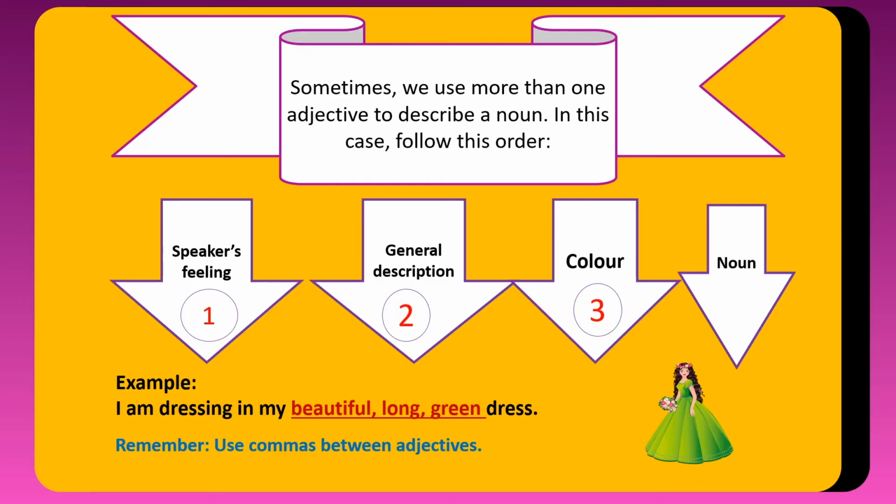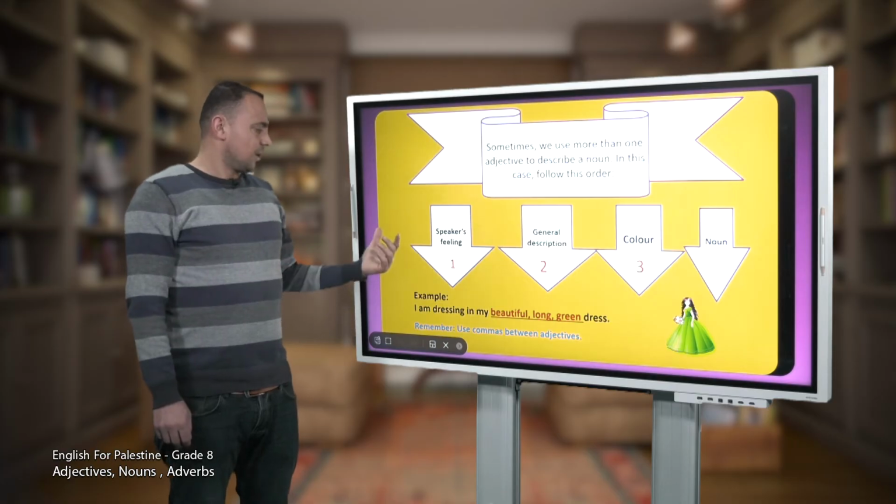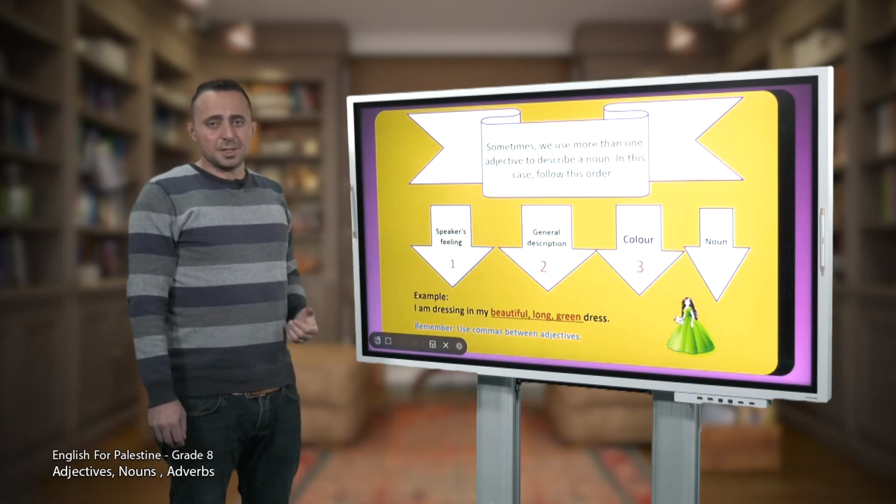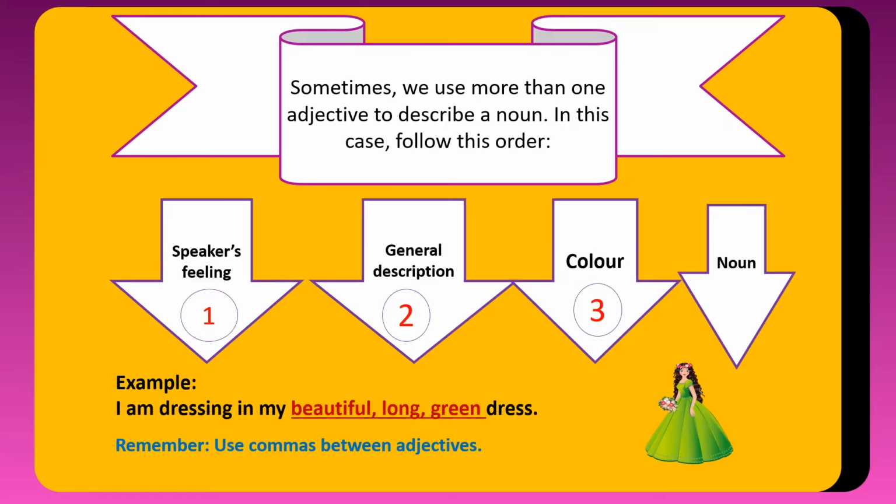So here she followed the order according to what I have just said. She started with the speaker's feeling, beautiful, then the general description, long, and the color, green, and at the end, the noun, dress. And notice, use commas between adjectives. Look, beautiful, comma, long, comma, green, and then the noun.